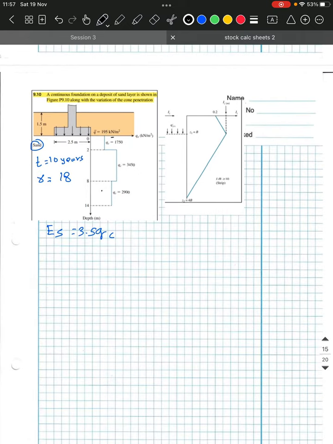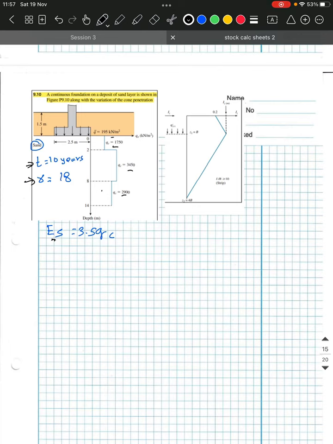Let's go to our question. A continuous foundation on a deposit of sand layer is shown in figure 9.10 along with the variation of the cone penetration. So you're given cone penetration qc values, and we have to turn the qc into Es. The time is 10 years, and we have gamma at 18.